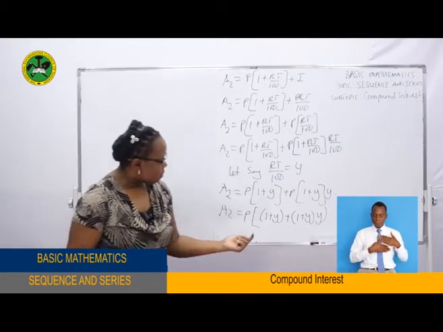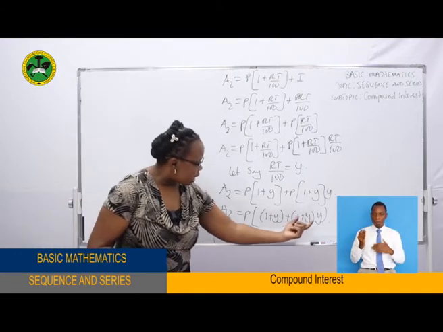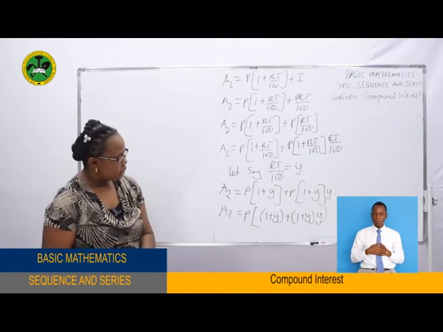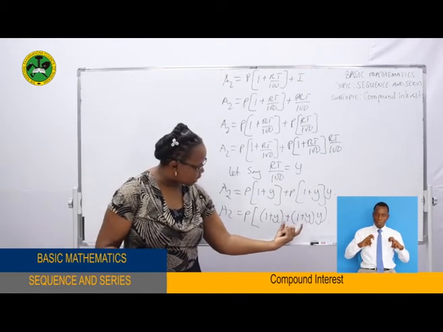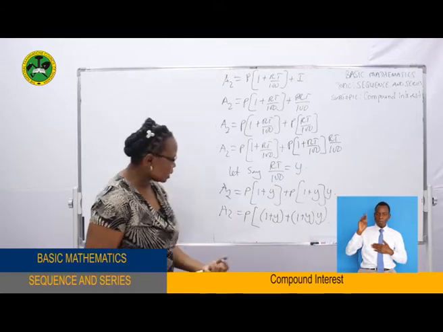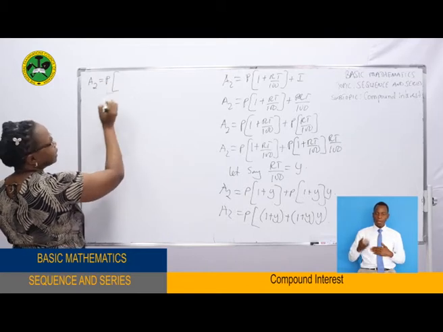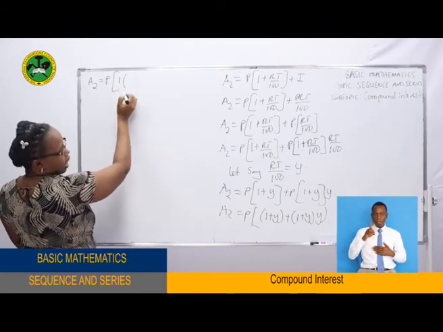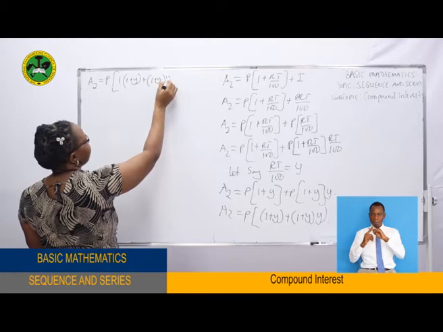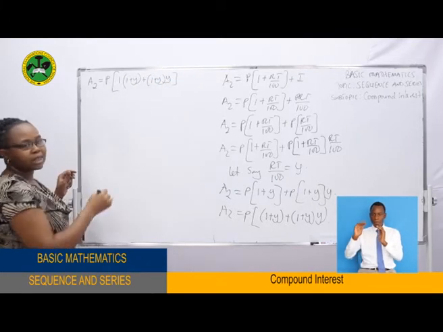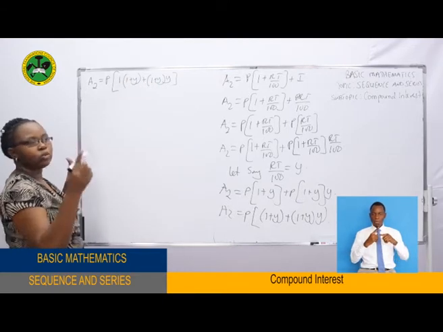My dear students, looking at the variable inside the bracket, it is like factorization. The expression here is already being factorized. It means we have amount in second year equals P, inside the bracket 1, outside the bracket 1 plus Y, then plus 1 plus Y, outside the bracket Y. So from factorization of the expression, this 1 plus Y and 1 plus Y are the same, then we take only one.